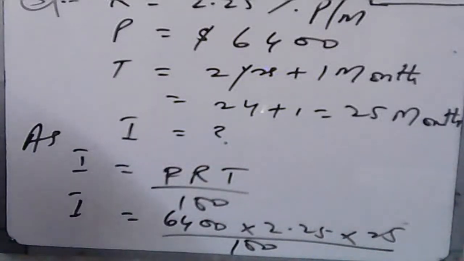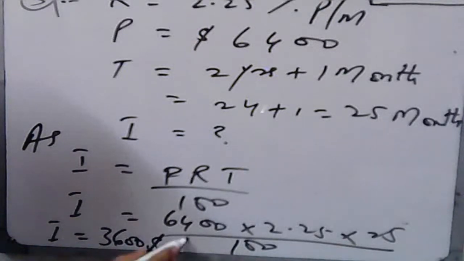So 25 months means that is 2 years 1 month. So after simplification, you will get the interest is equal to $3,600. So that is your required result after simplification.